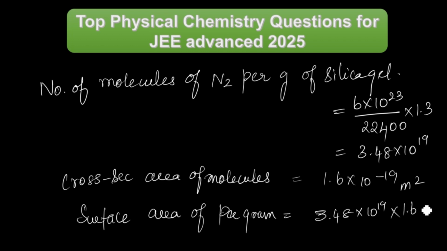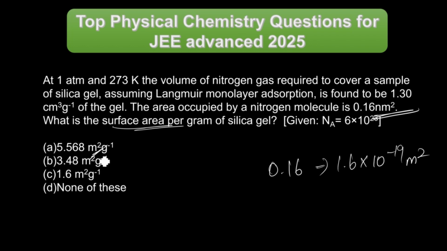So that will give you the answer, isn't it? The answer will become 5.56. Is it there in the option? Yes, 5.568 meter square per gram.